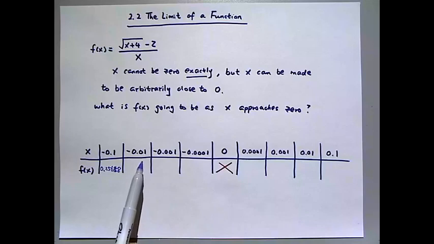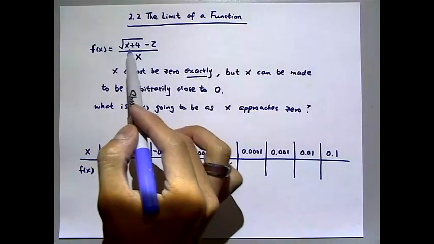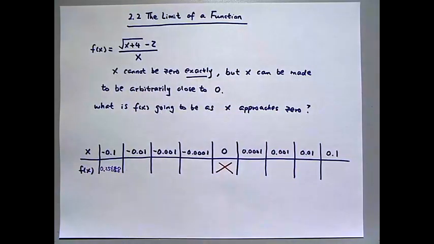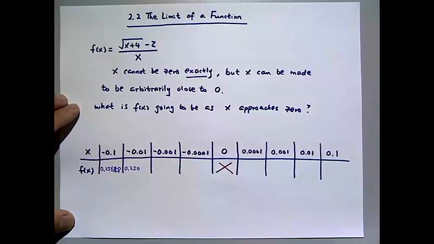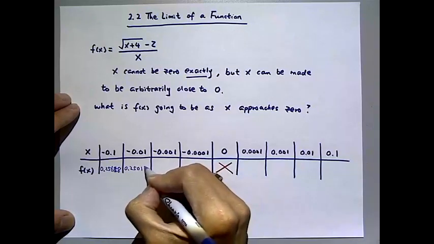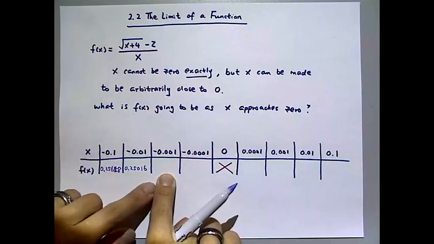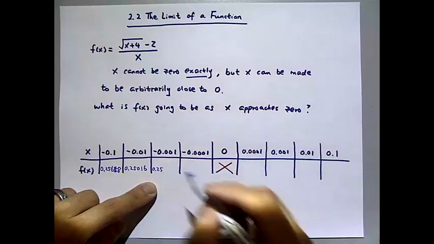I can get even closer to 0 by cutting the distance by a factor of 10, right? If I plug in negative 0.01, I get the square root of 3.99 minus 2, over negative 0.01. I end up getting 0.25016. If I keep going, this will give me 0.250016.